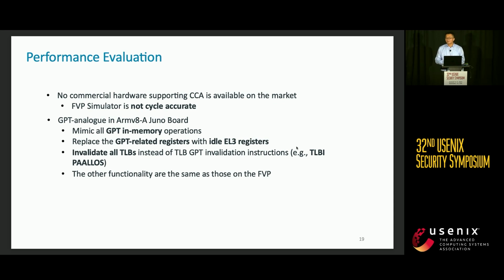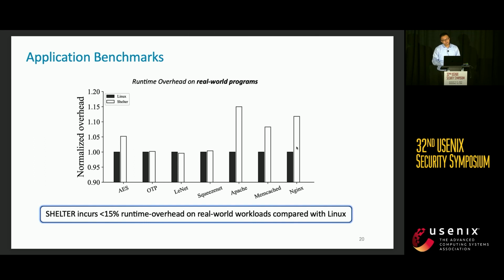For example, we have some EL3 registers and try to simulate the register access for the GPT-related registers. And also, for example, if we want to invalidate TLBs, we just use invalidate TLB instructions for the TLB GPT invalidation. Okay, so basically we are trying to simulate what we have done for the FVP on our ARM Juno V8 board.